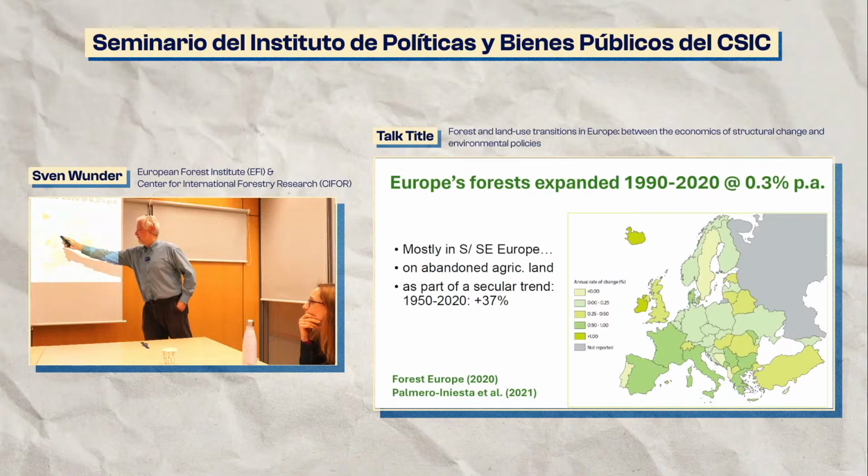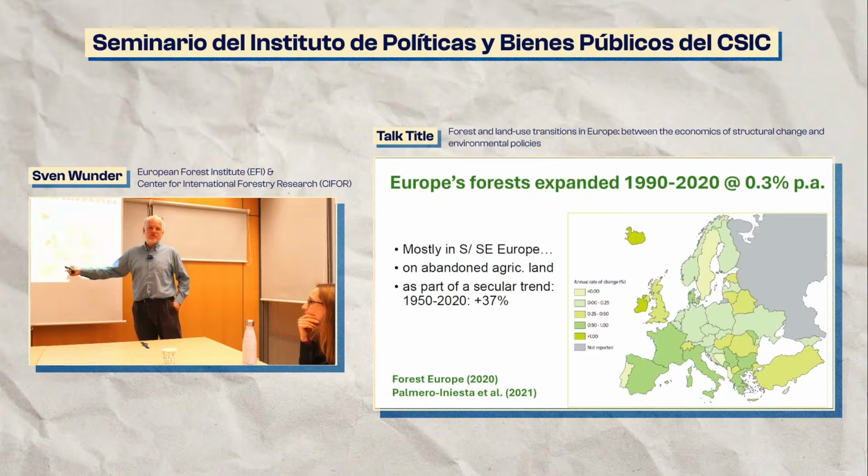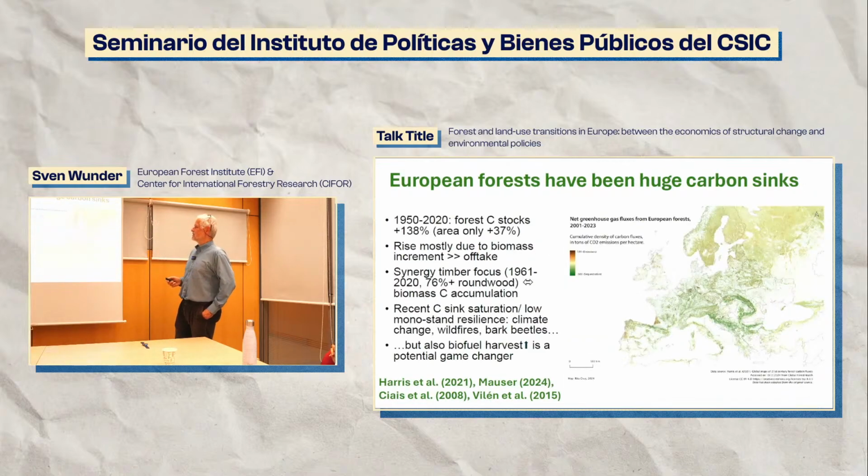If we go a bit further, for the last 70 years, there's an increase. And a lot of it is, and Spain is one of the most important countries, as you know, but also other Mediterranean countries, and also in Eastern Europe, some of the old Comecon countries where agriculture has gone back quite a lot.